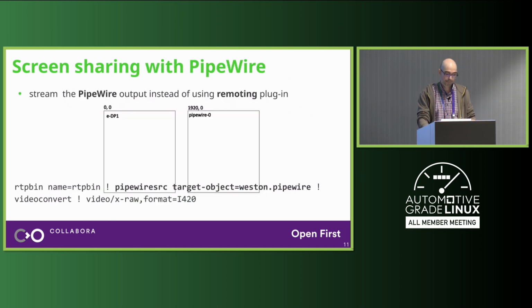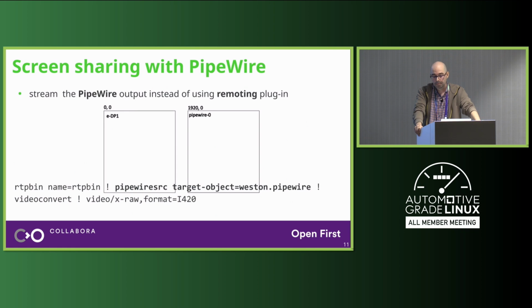How do I actually do screen sharing? Well, we make use of the PipeWire backend. We used to do that with the remoting plugin. And similarly to the remoting plugin, we make use of a GStreamer pipeline. Basically, we take the PipeWire node and we send it with this GStreamer pipeline that is being displayed here.